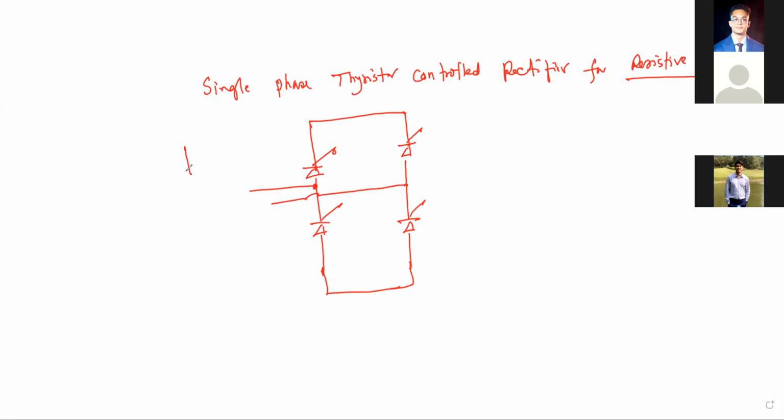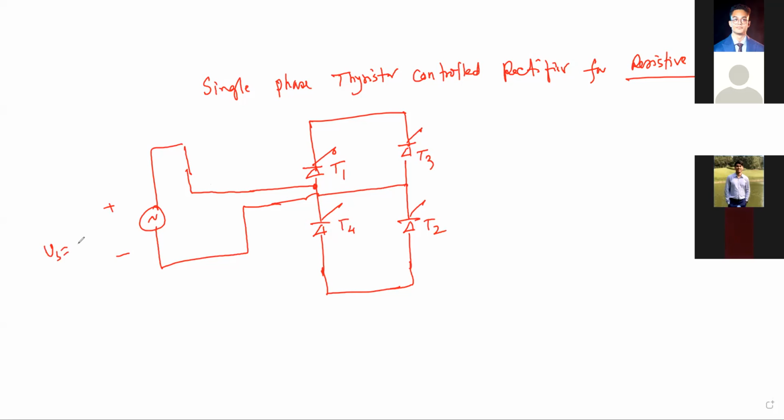So that will be your source. This is T1 and this will be your T2, this is your T3 and this is your T4. And this is your VS. The input voltage will be VS as a function of t, and this is your IS.